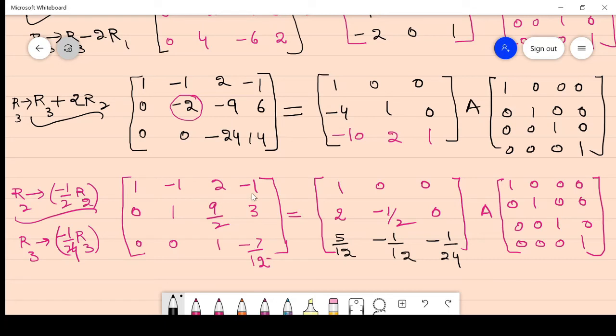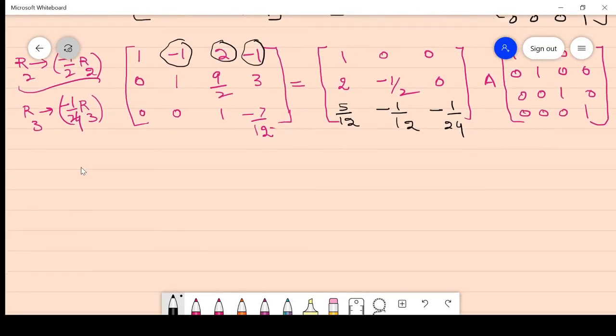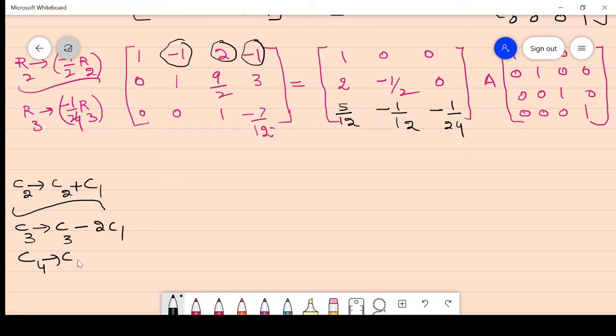Now these terms should be 0. In order to make these terms 0, I apply column operations. Column operations affect the last matrix. So C2 equals C2 plus C1 is the first operation, C3 equals C3 minus 2C1, and C4 equals C4 plus C1.